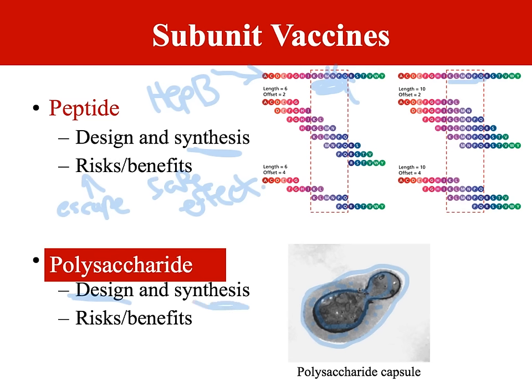The same exact principles apply, as we said, with peptide vaccines. There are no infectious agents as part of the process of making these vaccines. So it is not possible to contract the disease from the vaccine. It's got an incredibly good safety profile. So we'll put that under benefits.